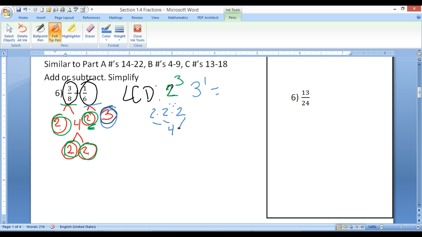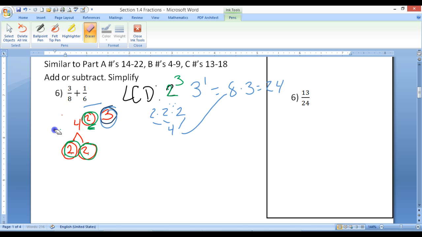Multiply your next 2, which makes 8 times 3, which is 24. So we have lots of different ways to figure out the least common denominator. I'm going to go ahead and erase this again. Now that we know that the least common denominator is 24, pardon me, get this out of here.